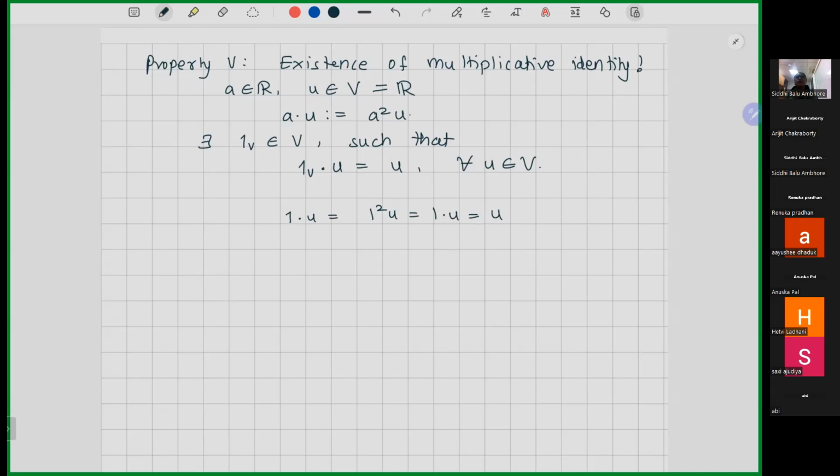But since we are already here, can somebody guess what other element satisfies this property, that multiplying that element to u will again give me the same element under this operation?